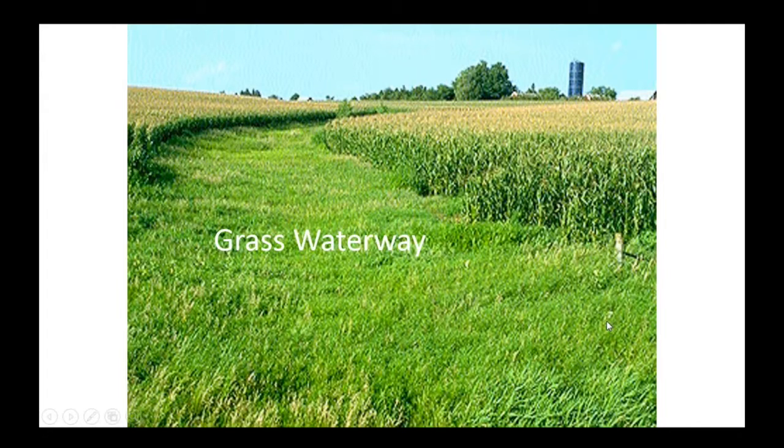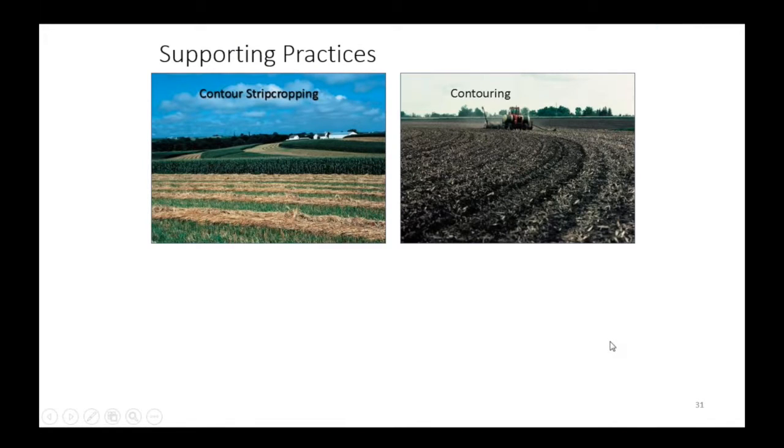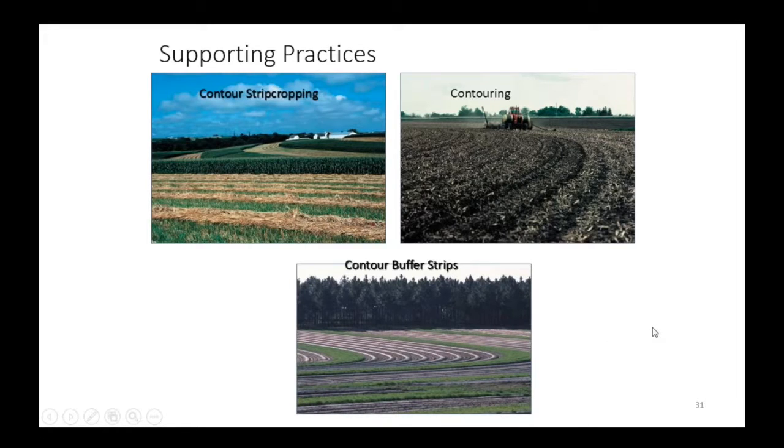Grassed waterways, I think we've all become very familiar with grassed waterways, their value, but remember, if we don't teach the operation and maintenance of a waterway, then the water can't get into the waterway. We've got all kinds of issues, so it's an ongoing battle. There's no easy cure to anything. We need to make sure that people understand how to manage the waterway once it is installed. We have a lot of different supporting practices that we can use.